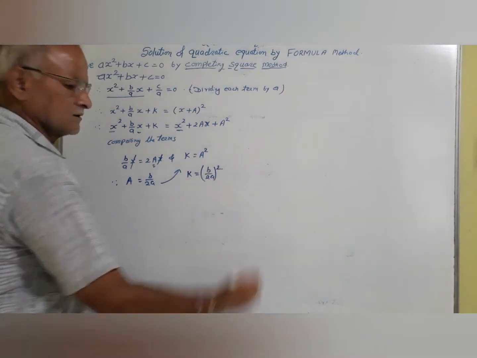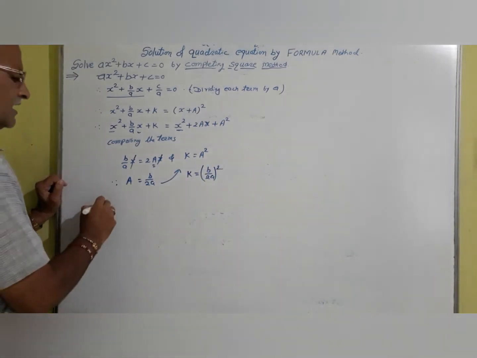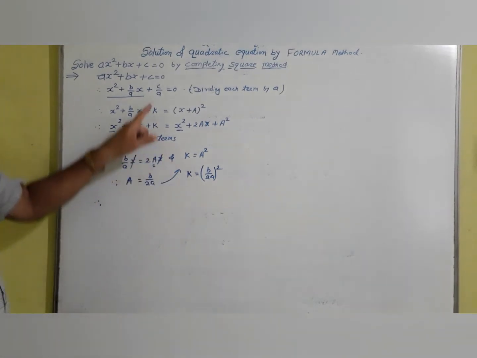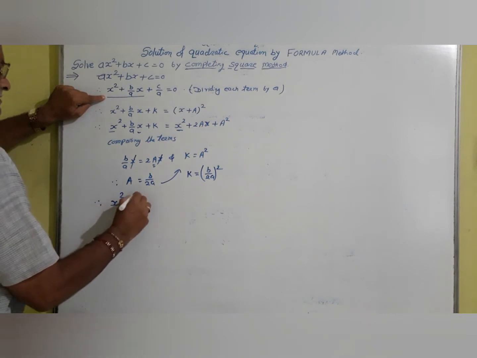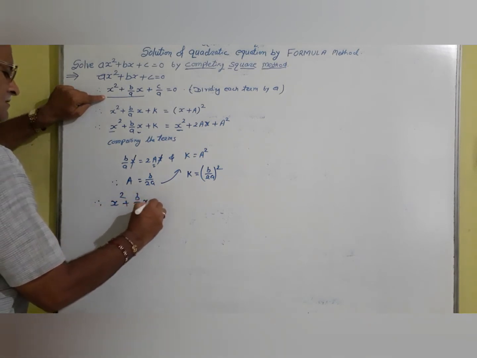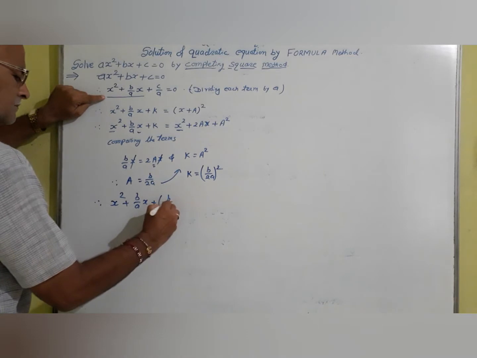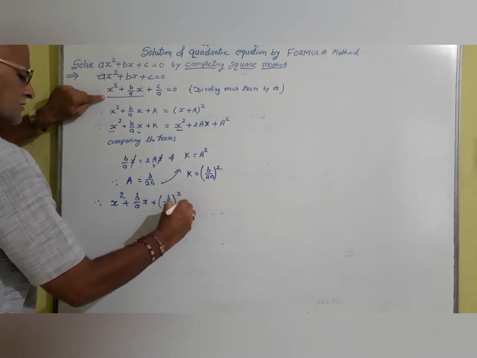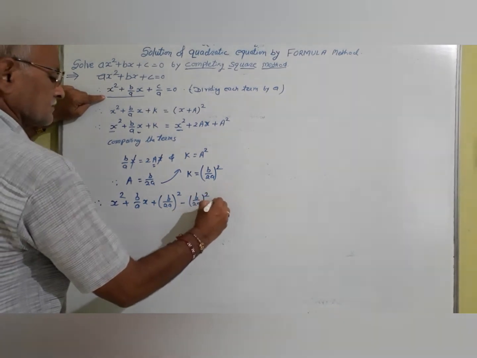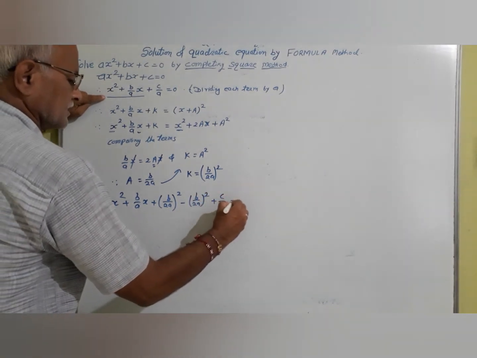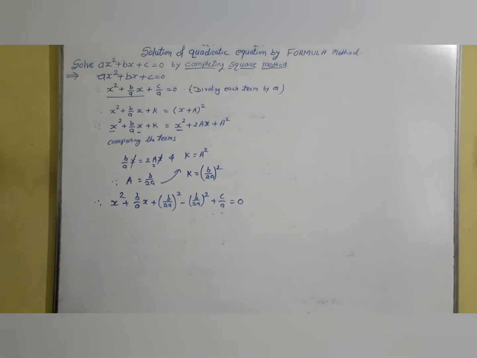its whole square. Now adding and subtracting this term in this equation, we get x square plus b upon ax plus b upon 2a whole square minus b upon 2a whole square plus c upon a is equal to 0.